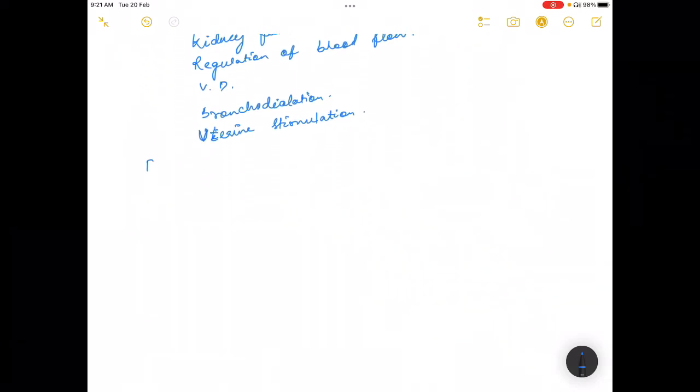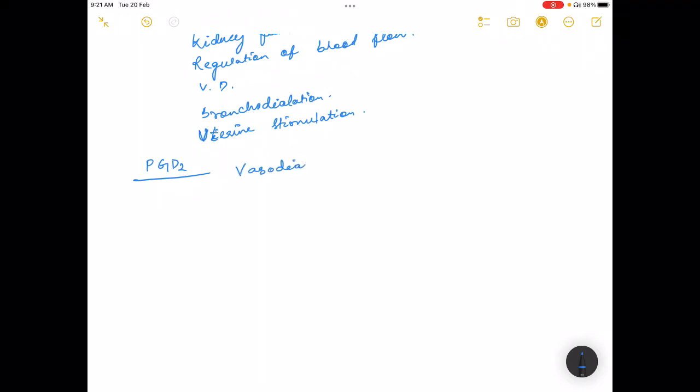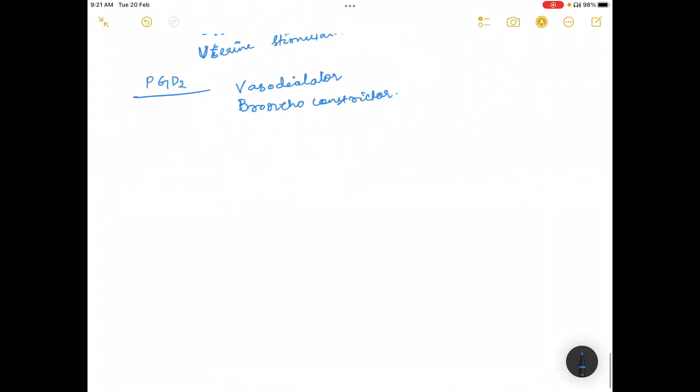Coming to PGD2, what does this PGD2 do? It is a vasodilator and it is a bronchoconstrictor. Then coming to PGF2 alpha.